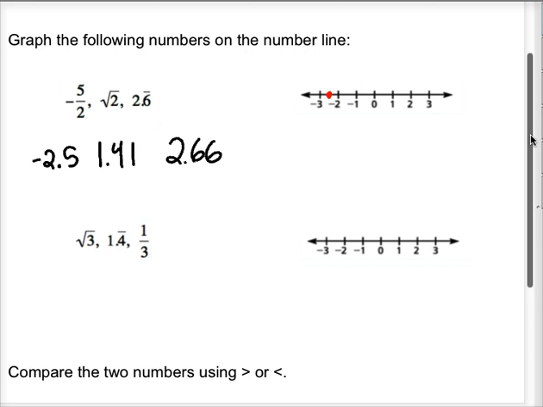So negative 2.5 is in between negative 2 and negative 3, and I'm going to label that as my negative 5 halves. Square root of 2, we said it was 1.41, so it's going to be a little bit less than 1.5. And then 2.6 repeating is a little bit over 2.5.